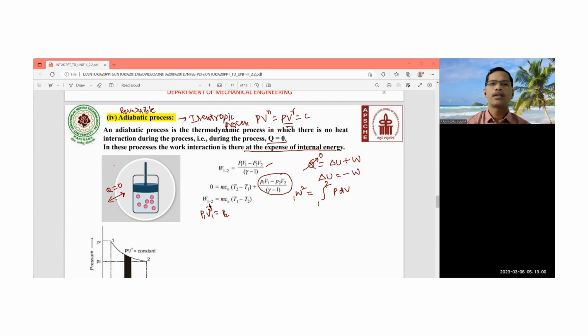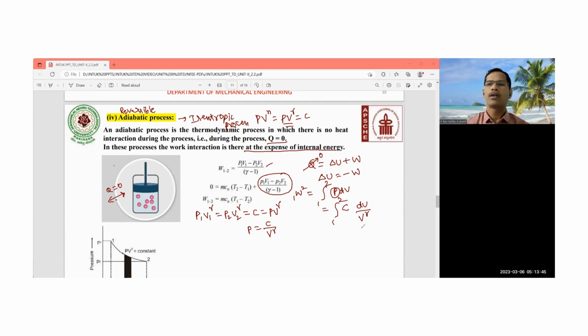So in that case, P1 V1 to the power of gamma is equal to P2 V2 to the power of gamma, which is equal to constant, and this is nothing but PV to the power of gamma. So the pressure P is equal to C by V to the power of gamma. Substitute over here: integral 1 to 2, constant, bringing all the volume terms, dV by V to the power of gamma.